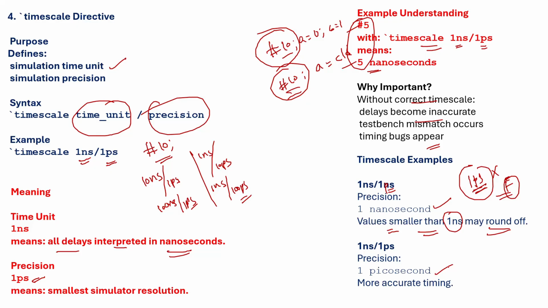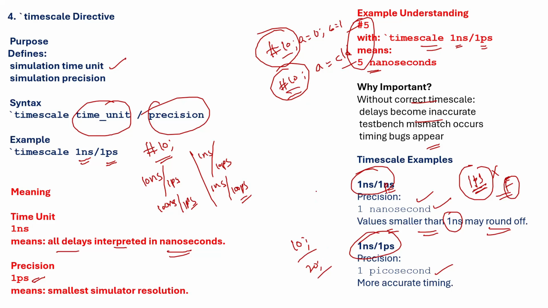With 1 nanosecond by 1 picosecond, the actual values like 10, 20 will be considered here.